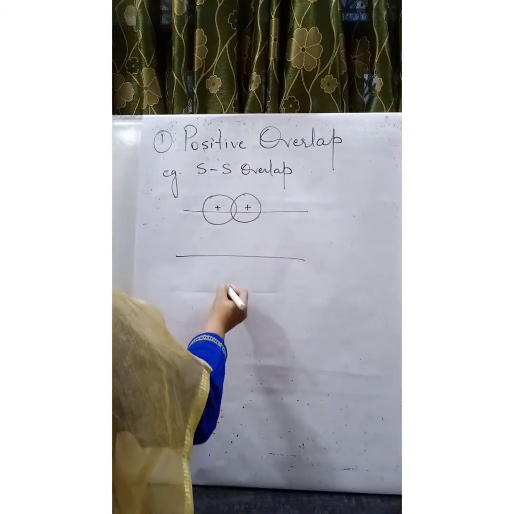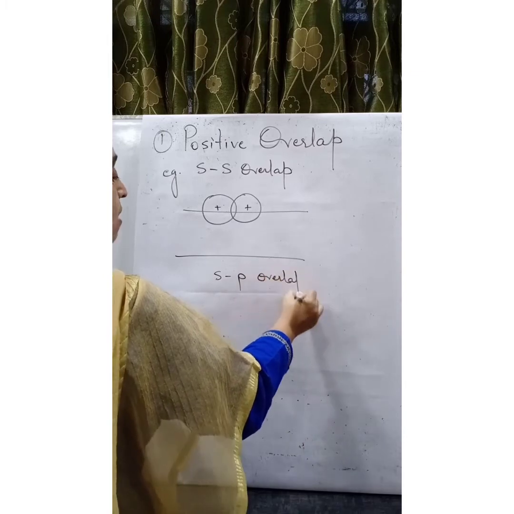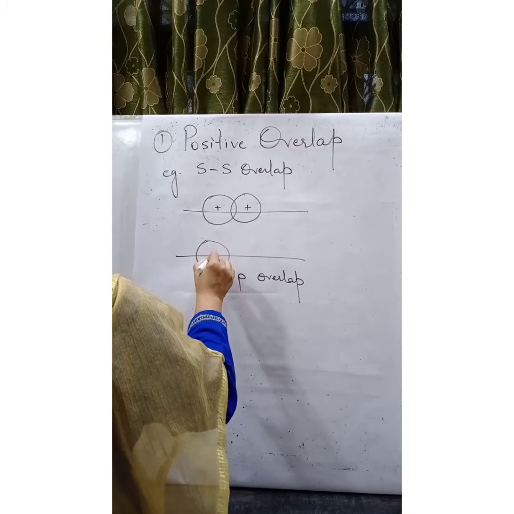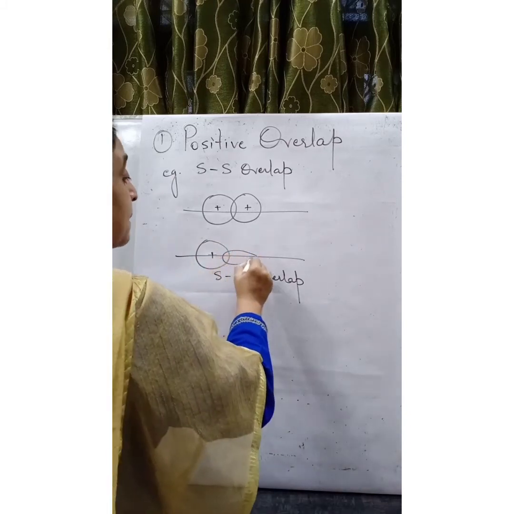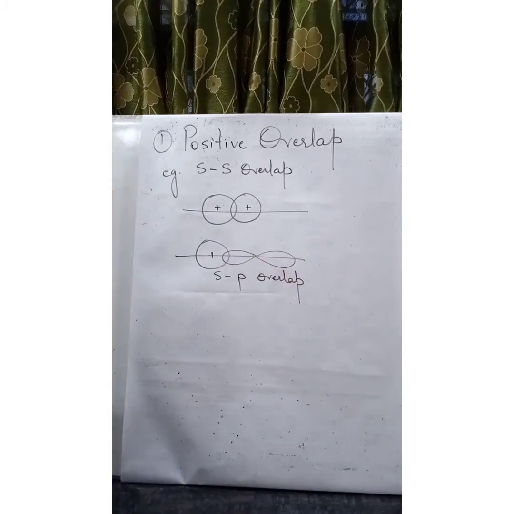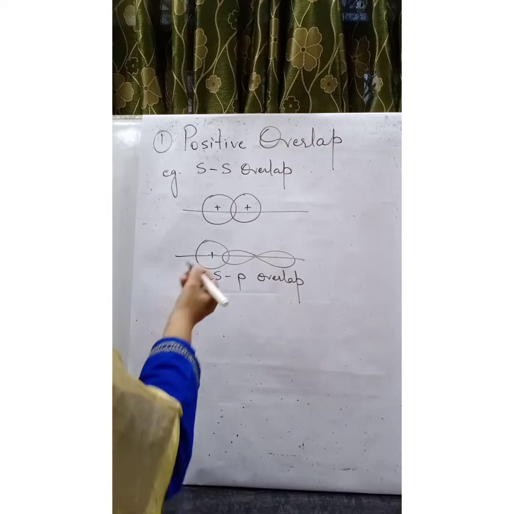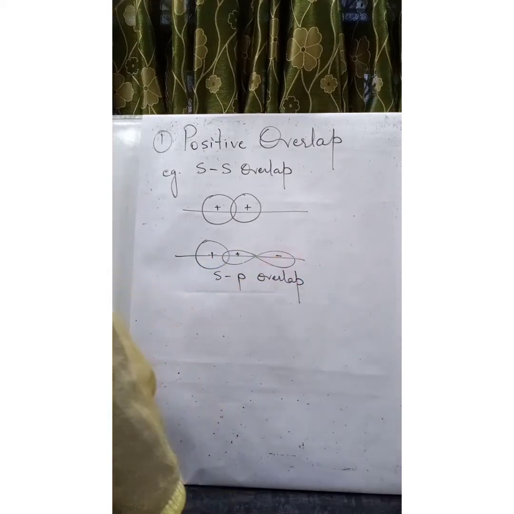Take another example of sp overlap, where an s orbital, which has maximum electron density throughout, overlaps with a pz orbital. Now you know that the p orbital has a dumbbell shape. One lobe is positive and one lobe is negative.